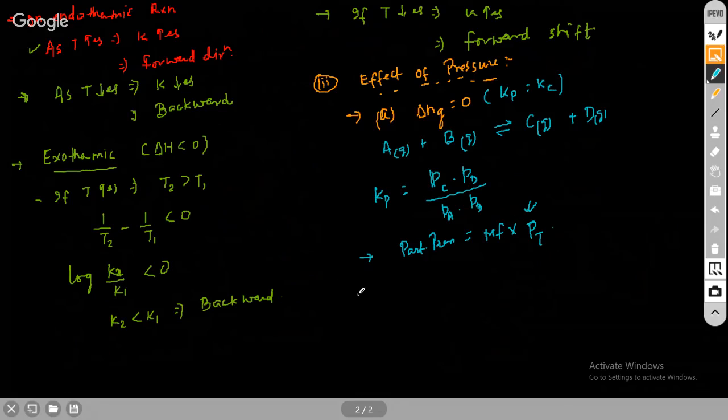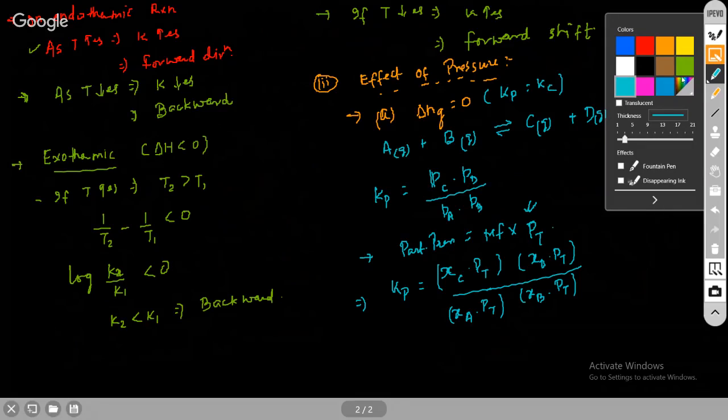Okay. Now you see, according to this formula, if I write down the expression of Kp, that will be what? Partial pressure of C is equal to mole fraction of C into total pressure, into mole fraction of D into total pressure, divided by mole fraction of A into total pressure, mole fraction of B into total pressure.